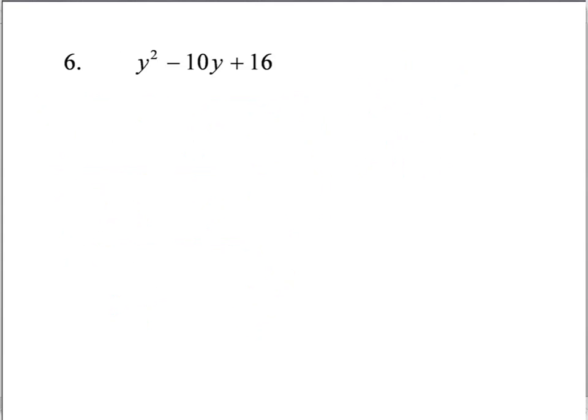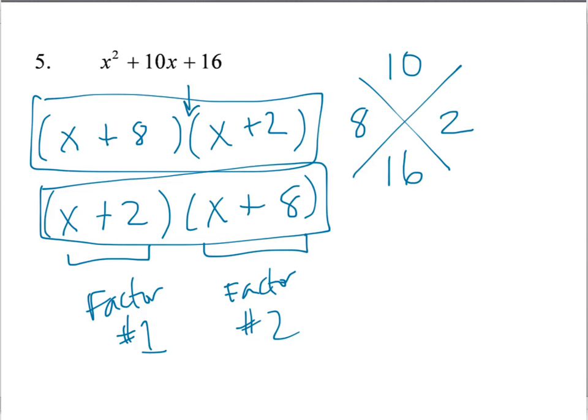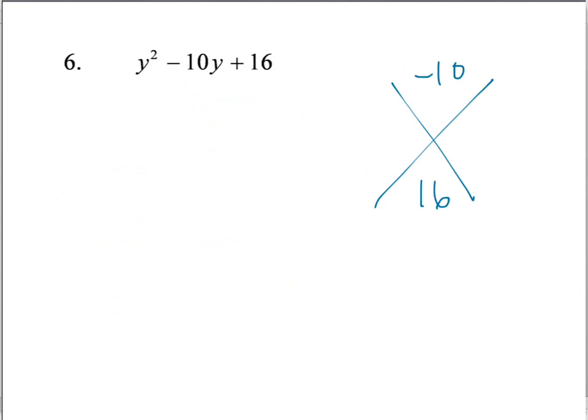All right, for number 6, we have negative 10 and positive 16. So this is almost identical to number 5, except the variables are different, and the sign of the middle term is different. Since there's a negative 10 and a positive 16, we know that both factors are negative.